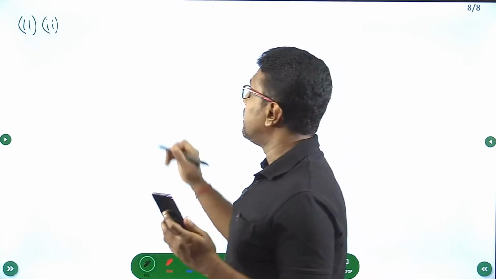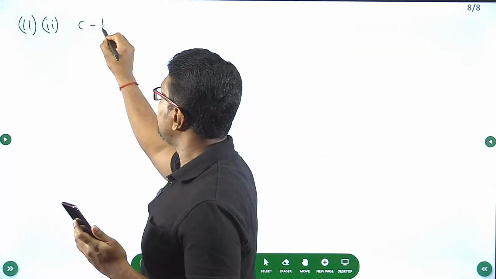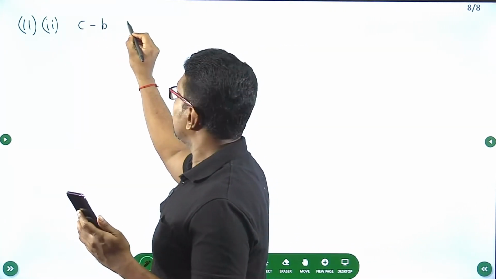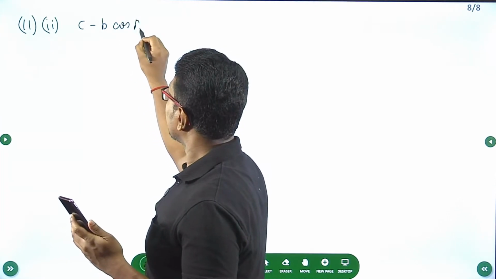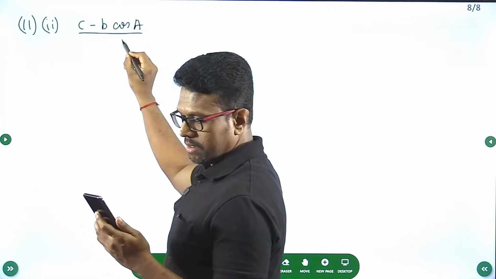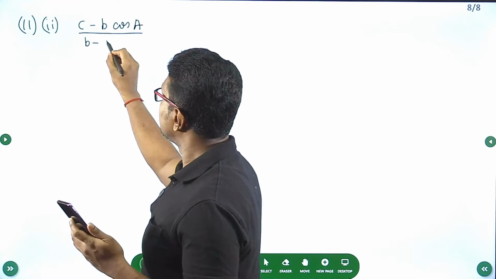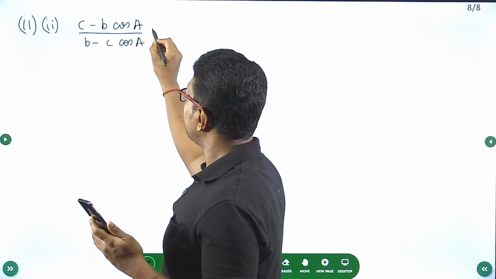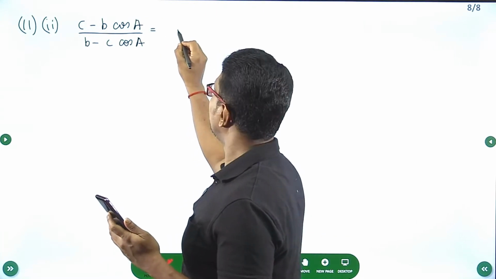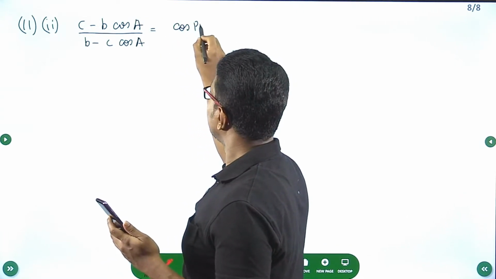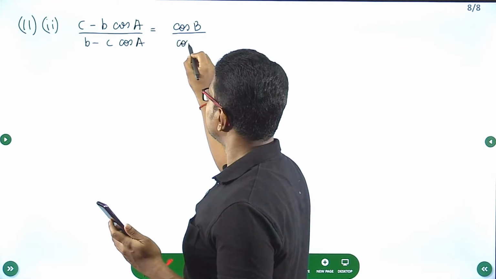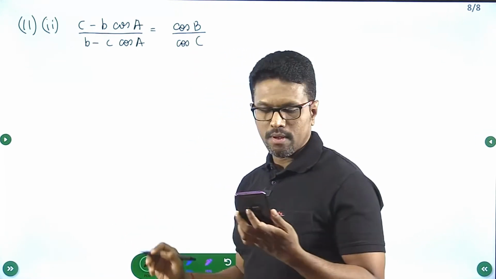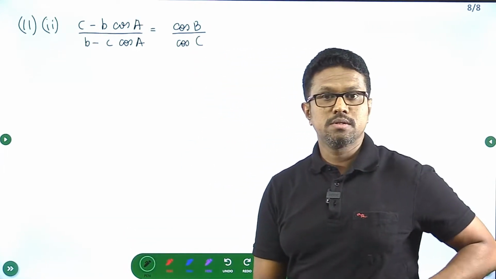11th का second, that is c minus b cos A upon b minus c cos A, and we have to prove this is equal to cos B upon cos C. So this is what is given to us.